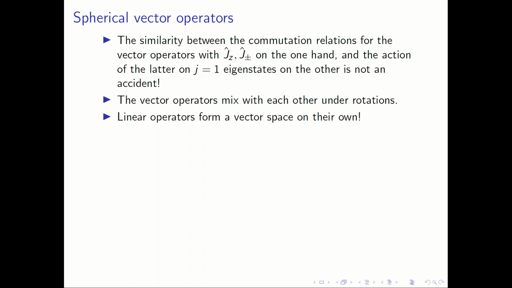It so happens that operators which act on a vector space can be themselves linearly combined, right? That's something which you all know. You can add operators, you can also multiply operators by scalars, and it is very easy to check that under these operations, the set of all linear operators acting on a vector space form a vector space of their own.